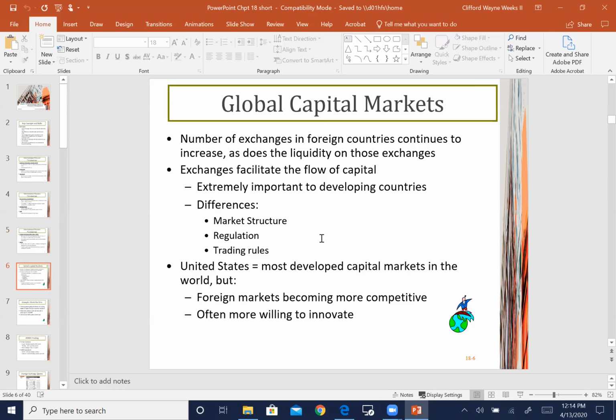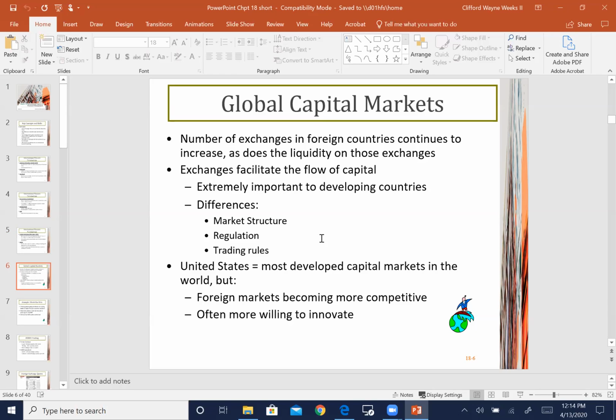I think the U.S. stock market closes at about 3:30, but if you wanted to continue to trade securities, about 3:30 is the time that the Japanese stock market is starting to open up, so you can continue to trade.